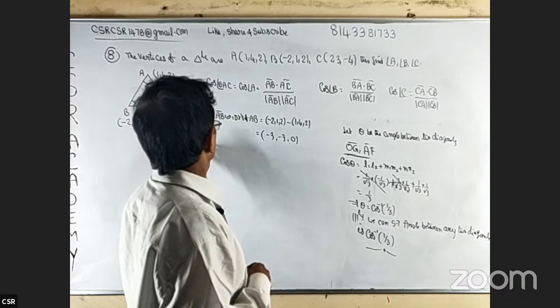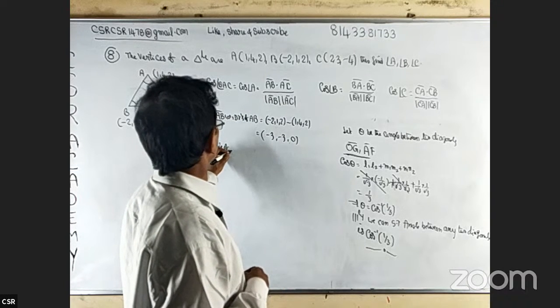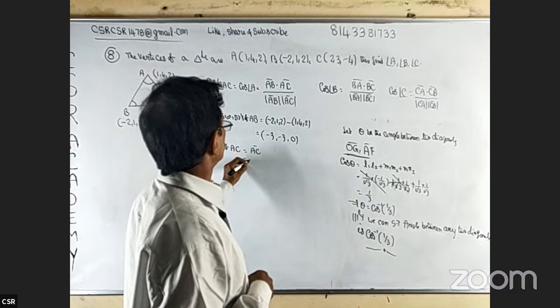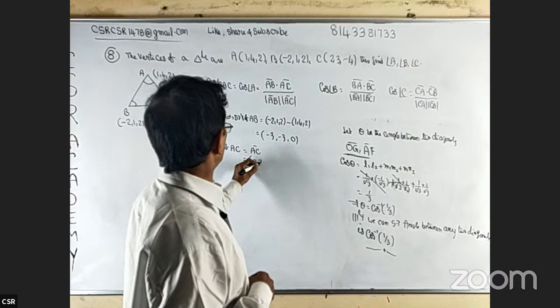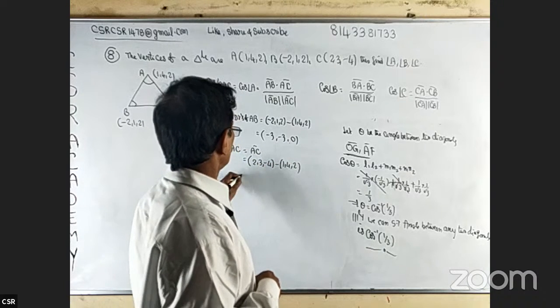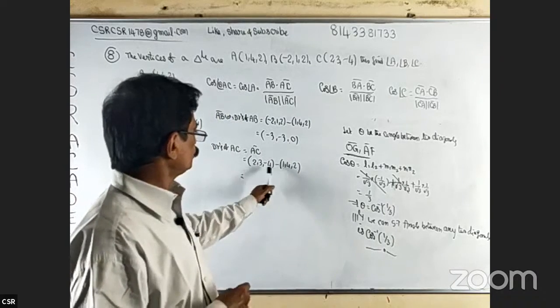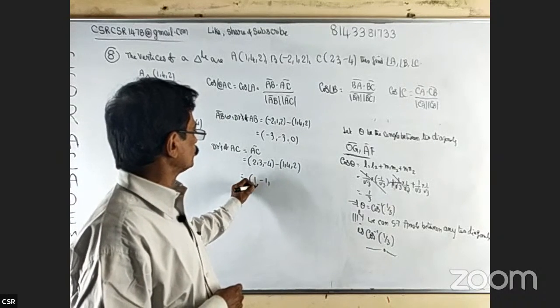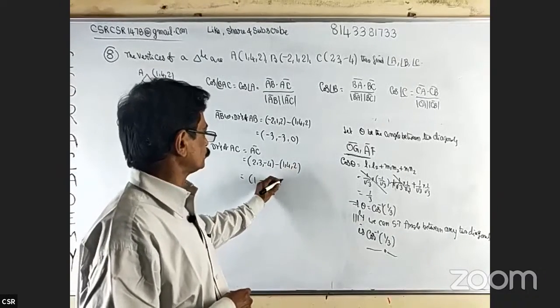Next, direction ratios of AC, which is AC bar: C point minus A point. This is equal to 2 minus 1, 3 minus 4, minus 4 minus 2.